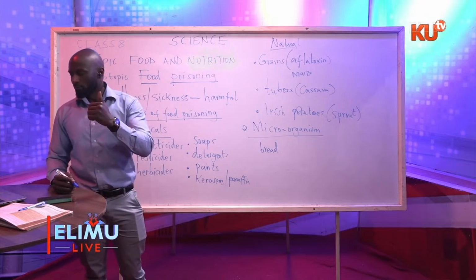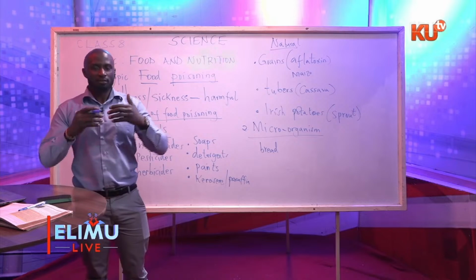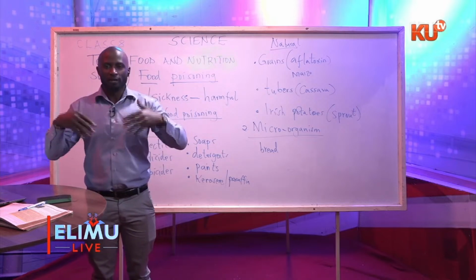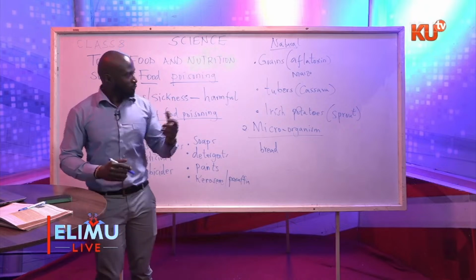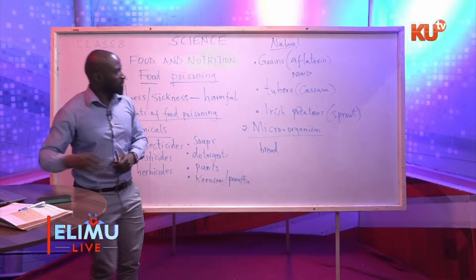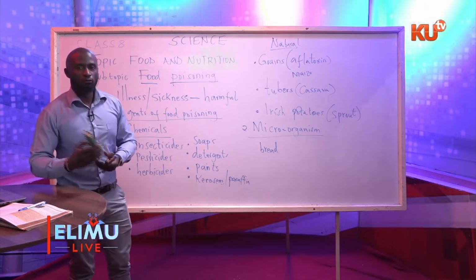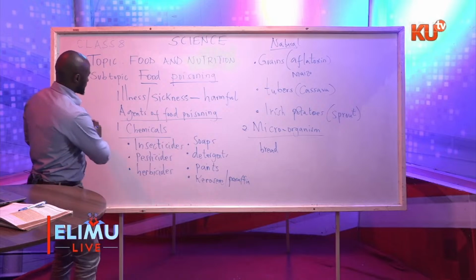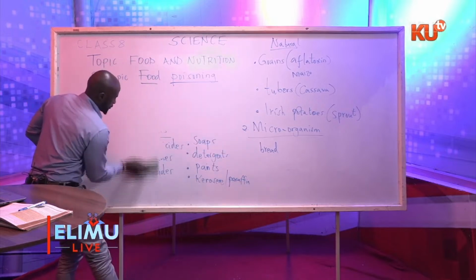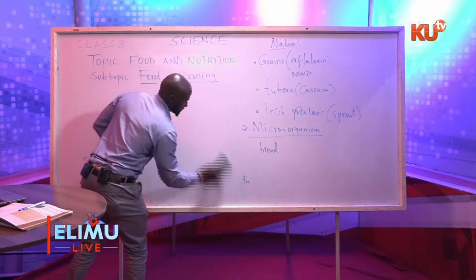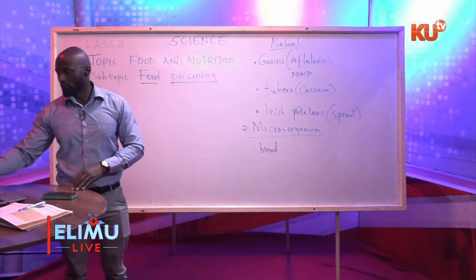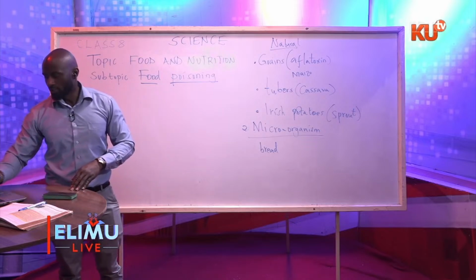And we have signs. Signs, basically, boys and girls, are observable characteristics. So for us here, we shall work with symptoms. So let's talk about symptoms of food poisoning. The following are basic symptoms of food poisoning that we can look at.